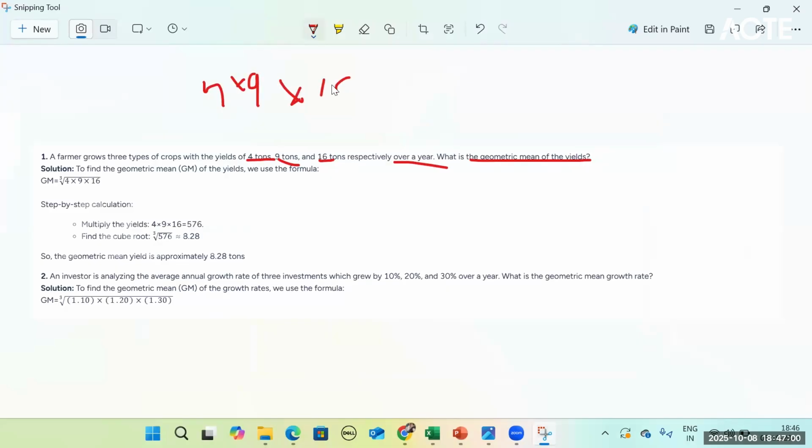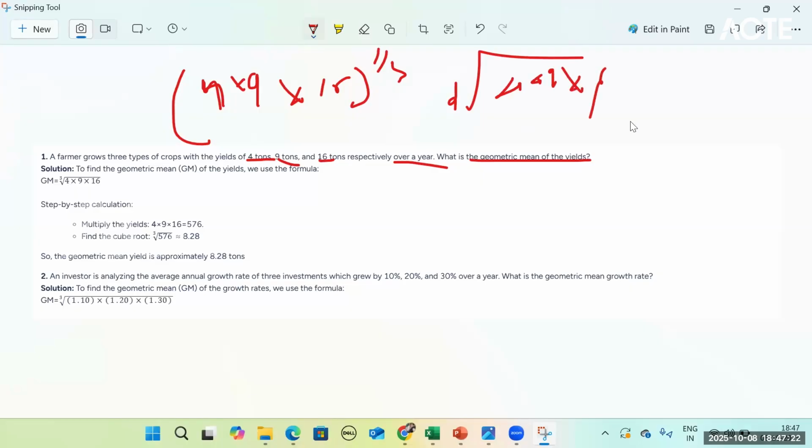If I calculate the geometrical mean, then I can do power of 1 by 3 as well. The cube root also I can take. 1 by 3 can be written as cube root of 4 into 9 into 16. It is the same formula.